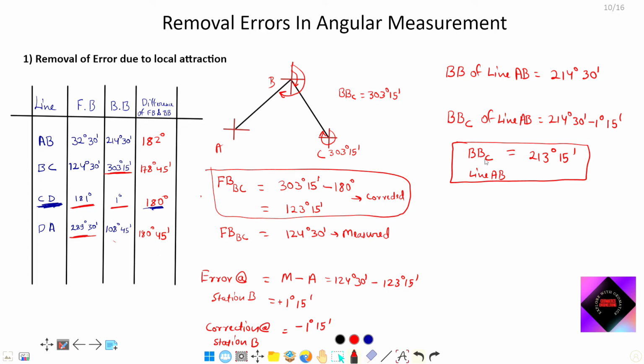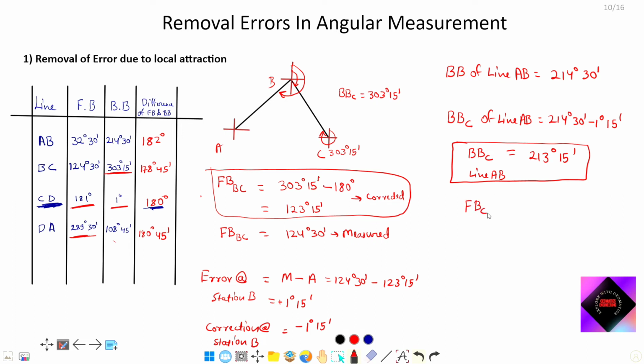We have calculated the corrected reading by eliminating the error at station B, because both the fore bearing of BC and the back bearing of AB are measured from station B. By eliminating the same amount of error from all readings from station B, we get the corrected back bearing of line AB.